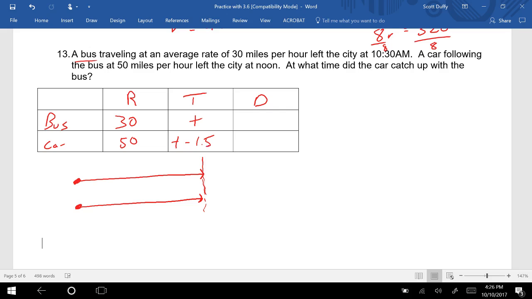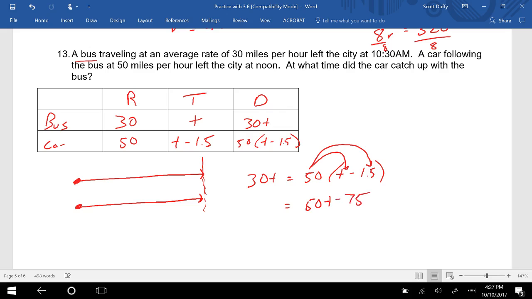So the distance for the bus is 30 times t, which is 30t. The distance for the car is 50 times t minus 1.5. And when will the distances be equal? 30t equals 50 times t minus 1.5. 50 times t is 50t. 50 times negative 1.5 is negative 75.